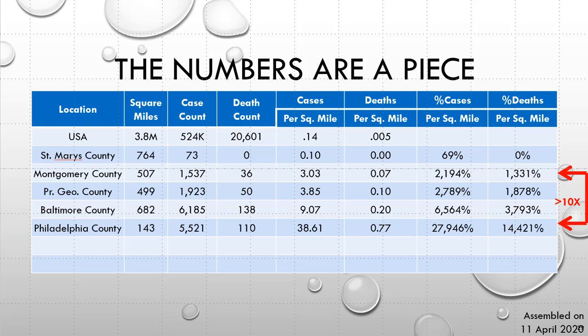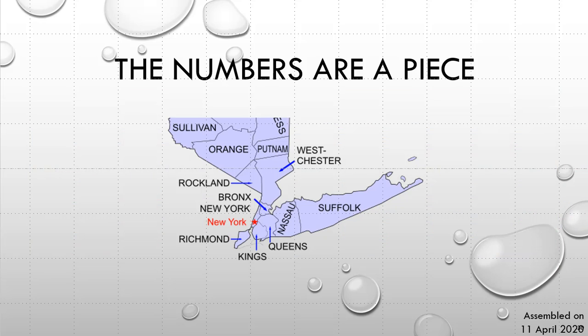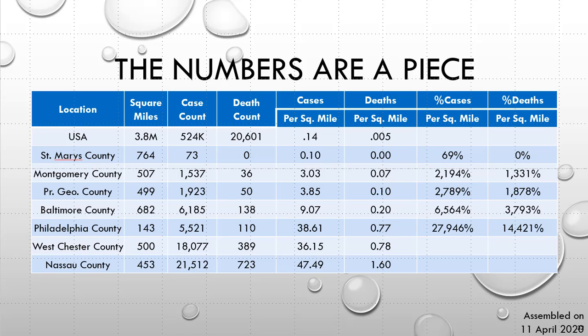Now I wanted to look at New York, but New York is very difficult to extract the numbers, at least for me, because I'm not that familiar with the area. So I looked at a map, and between New York City and New York County, sometimes the numbers are mixed up. So I just decided, you know what, I'm just going to pick two counties around New York. I picked Westchester and Nassau counties and plugged those in. And when I plugged those in, you can see here, case count, death count, very, very high.